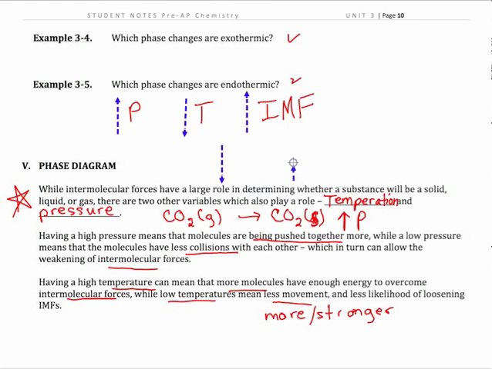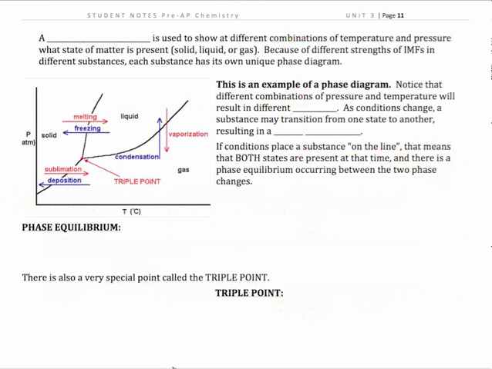As my pressure decreases or my temperature increases, I will have fewer intermolecular forces. So at low pressures and high temperatures, I have fewer and weaker intermolecular forces. That says kind of with arrow diagrams what was in words here. So hopefully that can help you understand that a little bit better.